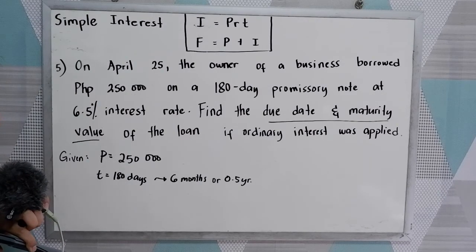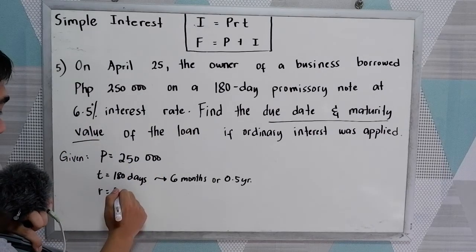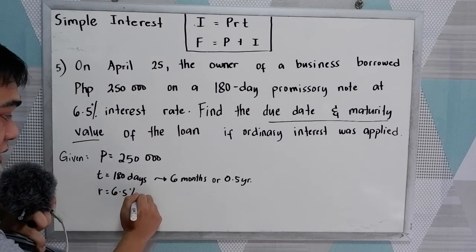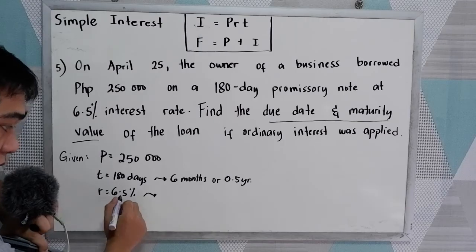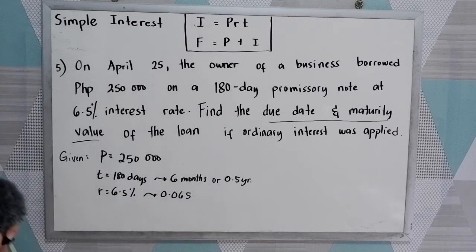Next, we have the rate, which is 6.5%, in decimal, that is 0.065. We're looking for the due date and the maturity value.